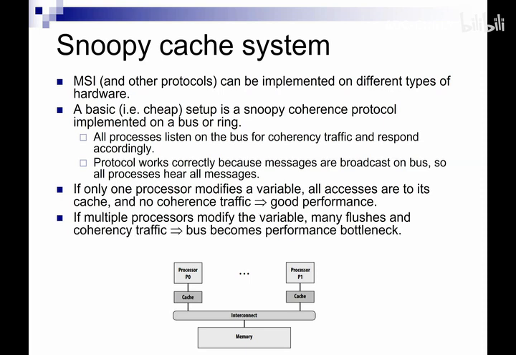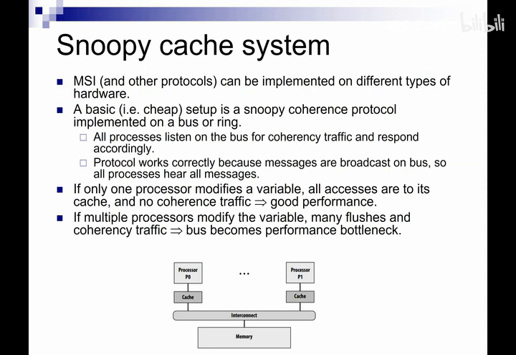However, the other case is that if we have several processes and they're all trying to modify the variable, then each time one of the processes modifies the variable, the next process which tries to modify the variable is going to cause the first process to flush this newest value out to memory.